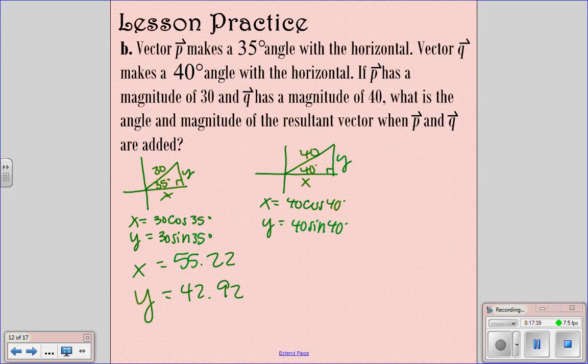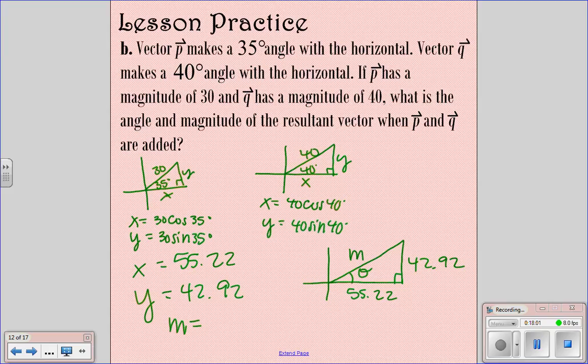Okay. Now we need to draw our new vector. And so we have 55.22 and 42.92. And we need to find this angle and the magnitude. So the magnitude, you're going to use Pythagorean theorem. And if you use Pythagorean theorem, you should get 69.93.